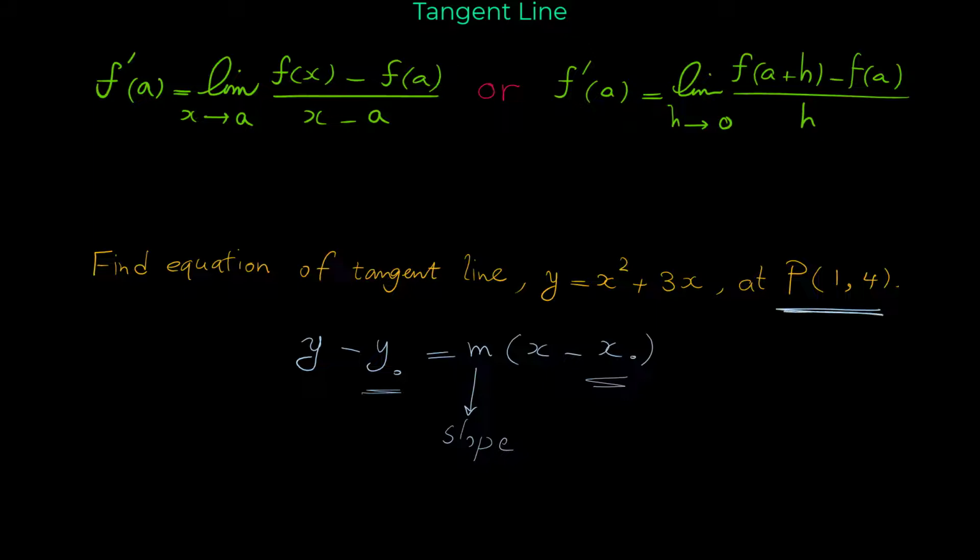Here in this question we have the point, so we want the equation of a line that passes through this point. So basically we have x0 and y0, it's 1 and 4.